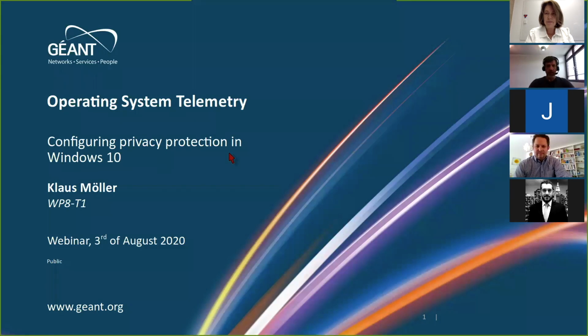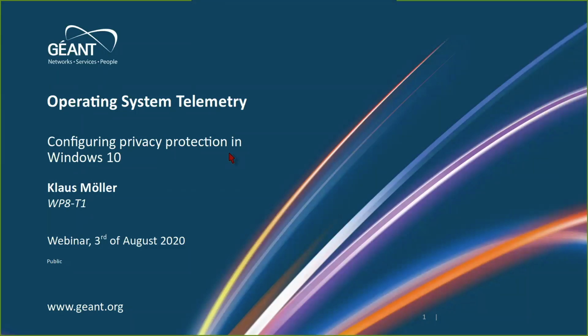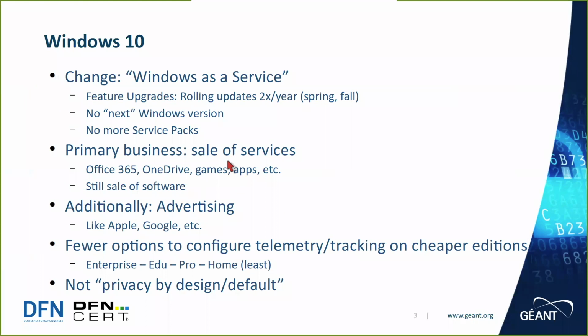So yes, the topic for today is operating system telemetry, configuring the privacy protection in Windows 10. We all have most likely been using Windows for quite some time, and Windows 10 is out now in the 5th year, I think. And there have been some changes with the way the operating system is marketed and maintained by Microsoft.